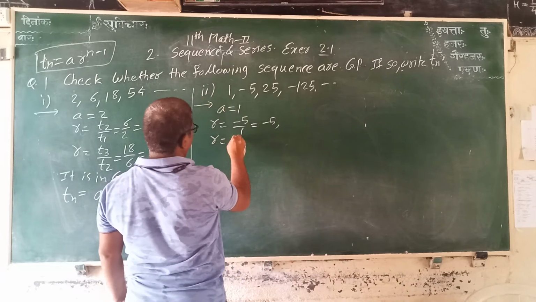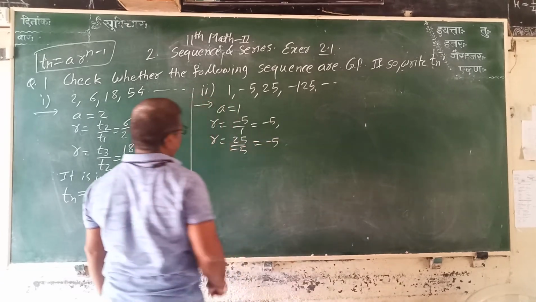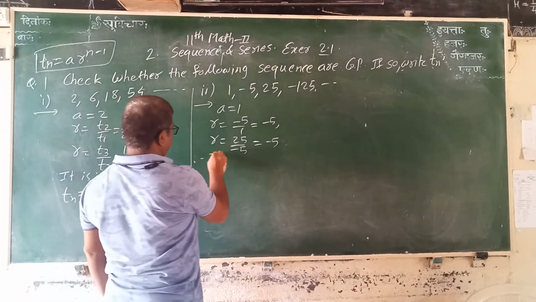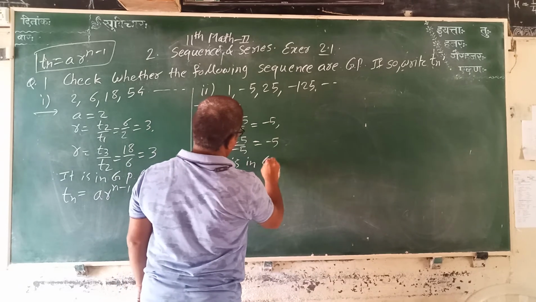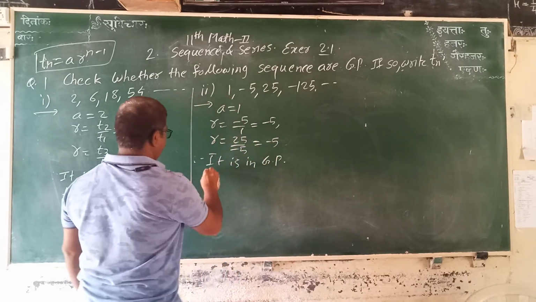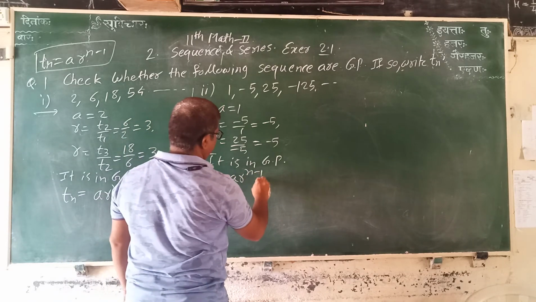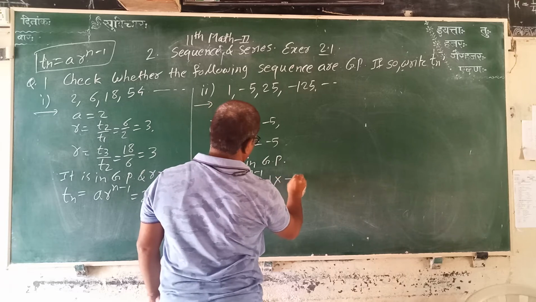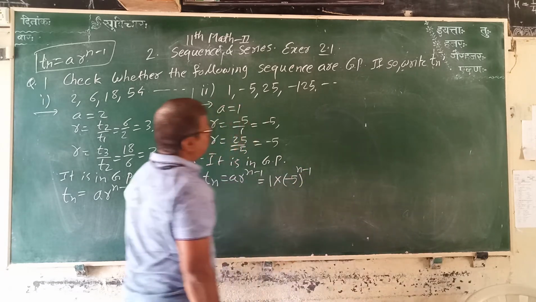And r is equal to 25 upon minus 5, which is equal to minus 5. Therefore, r is constant, so it is in GP. Therefore, Tn is equal to a into r raised to n minus 1. That is, here we take 1 into minus 5 bracket raised to n minus 1.